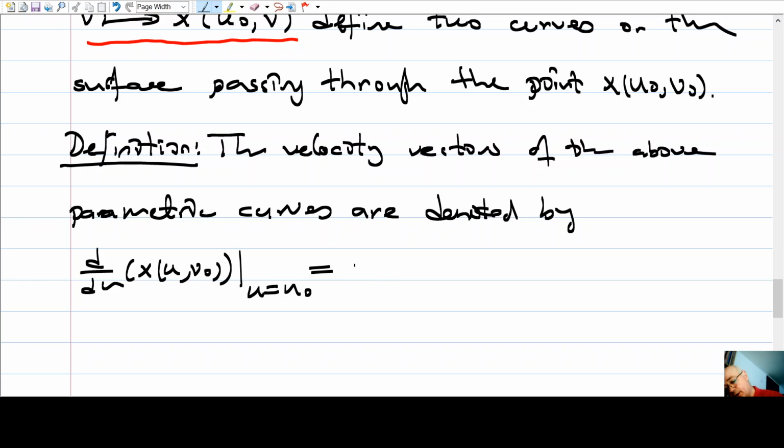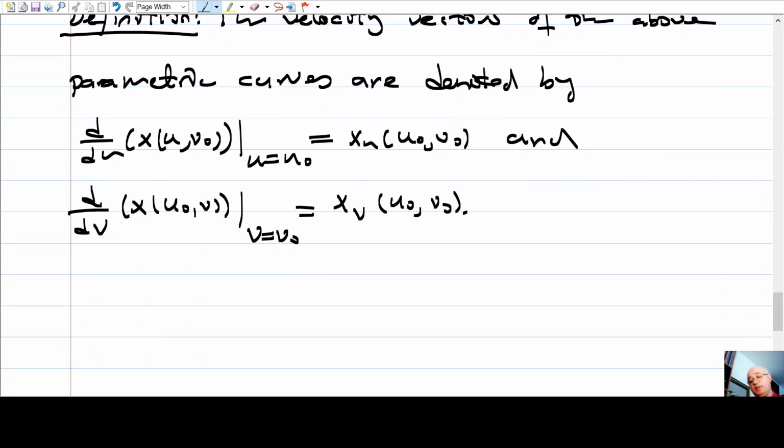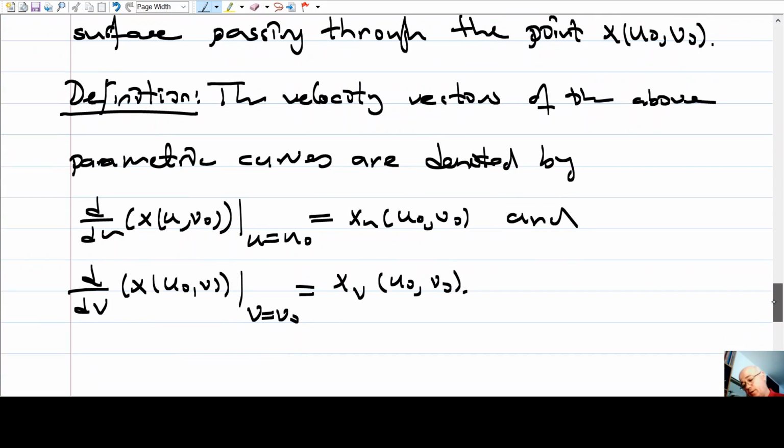This is just the partial derivative at u0 v0, and the second one, d/dv of x, this time u0 v, v equals v0, so this is x sub v at u0 v0. Okay, at this point we may just draw a picture.